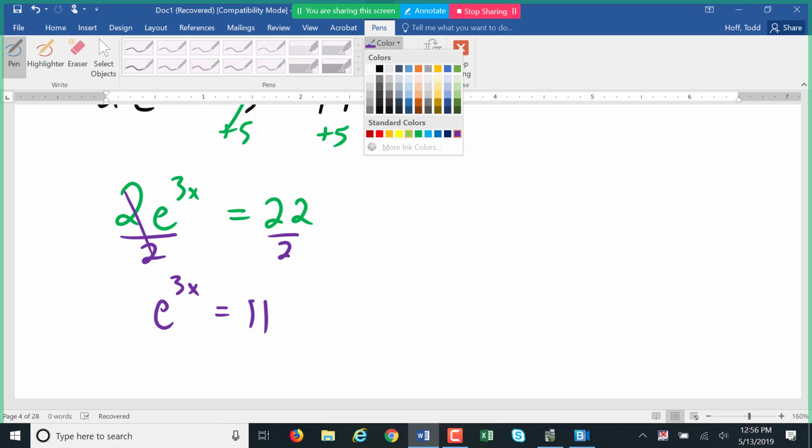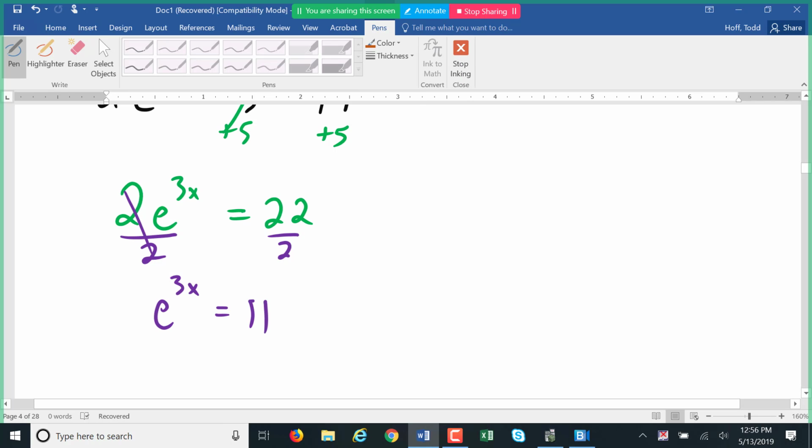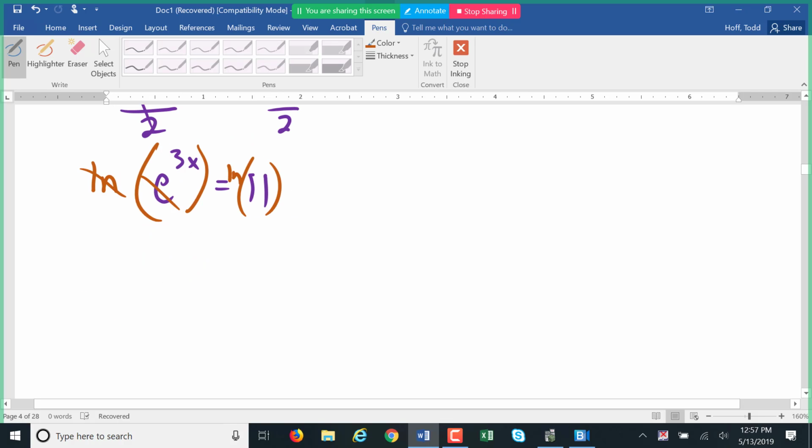Now what do we have to do? It's log base e, otherwise known as natural log, or ln. So the ln and the e to the power of cancel out.